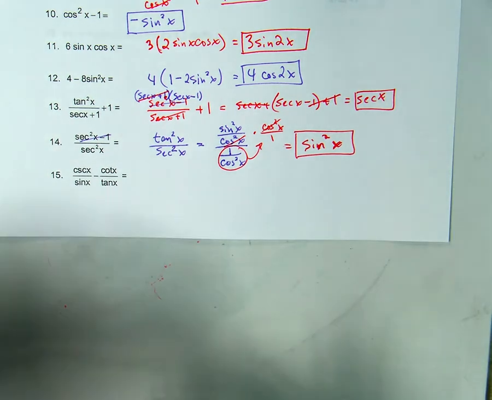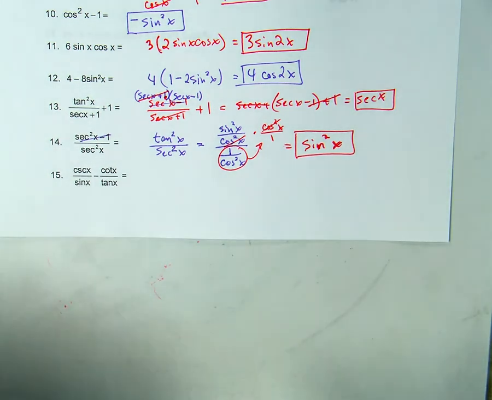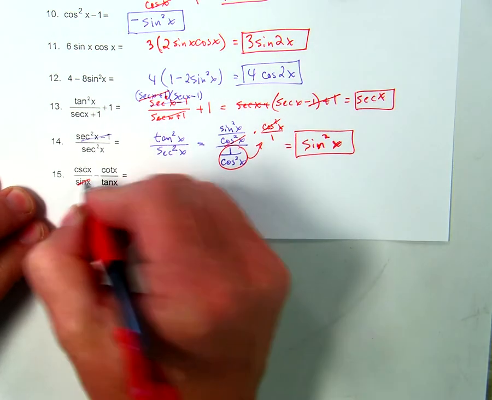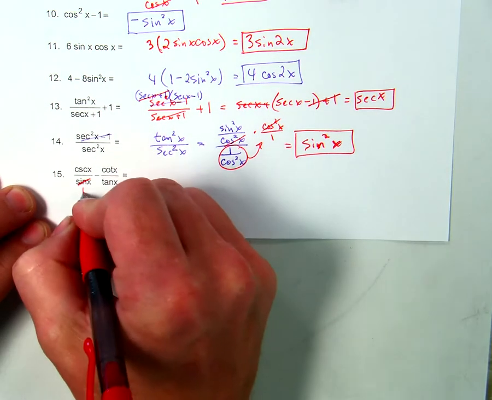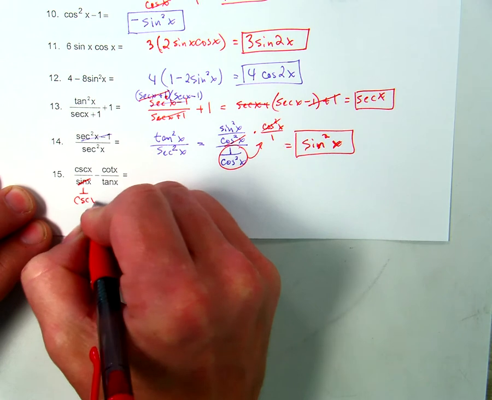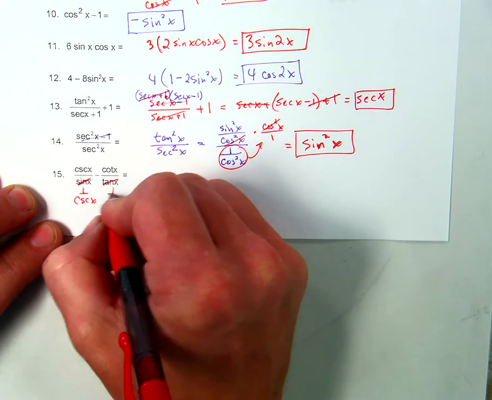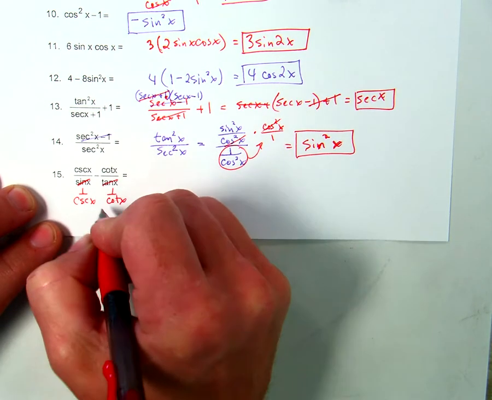This one, again, is one of those that you could probably take several different approaches on. I'm going to work on the bottom, and I'm going to change this to be 1 over cosecant x. I'm going to change this one to be 1 over cotangent x.